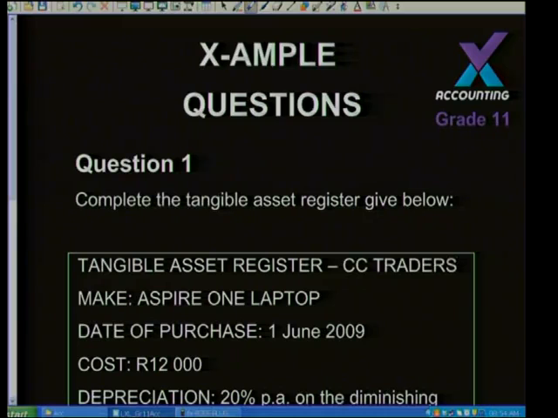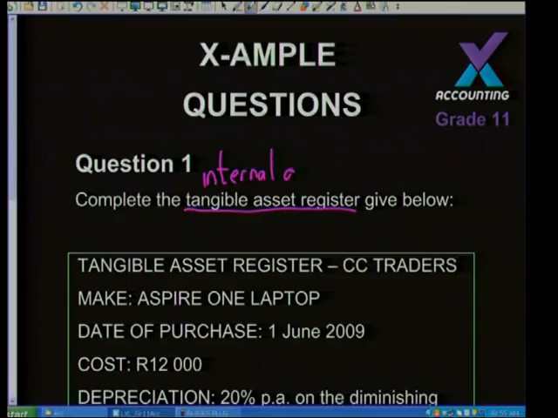Let's now look at the very first question, where we're going to be completing the tangible asset register. Okay, now again, tangible asset register, something that you definitely came across in grade 10.